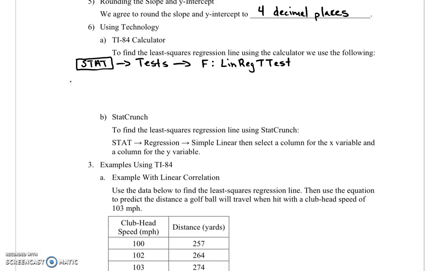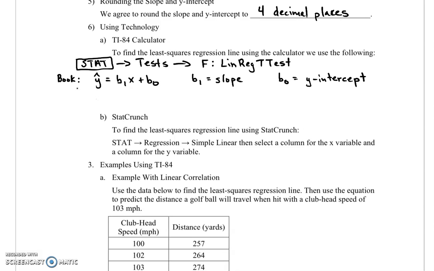Now, the book says that the equation is y hat equals b1x plus b0. And remember, b1 was the slope, and b0 was the y-intercept.